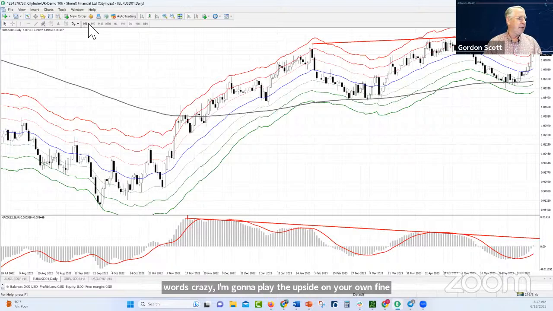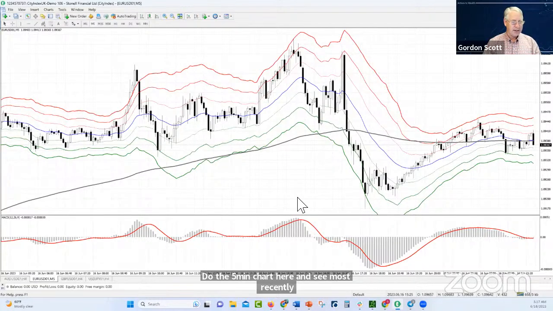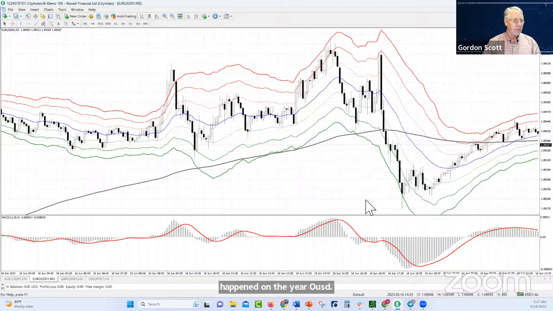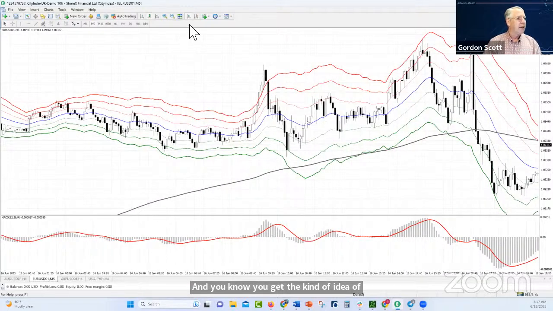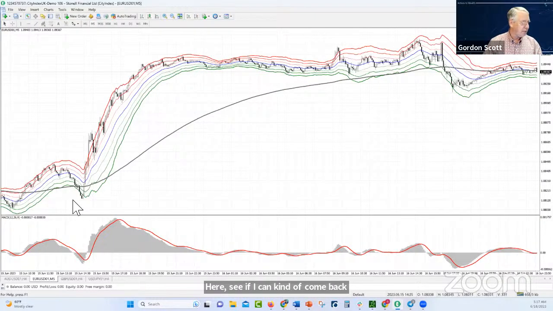But let me just do the 5-minute chart here and see most recently what's happened on the euro USD, and you'll get the idea of what I'm trying to say here. See if I can compact this price activity. There we go.